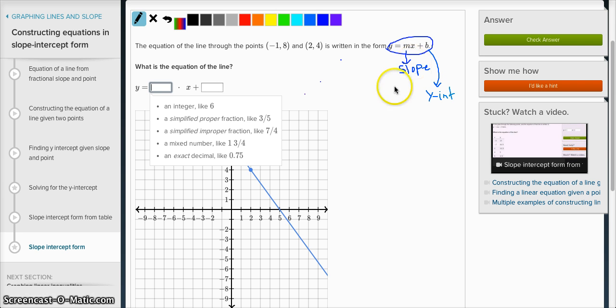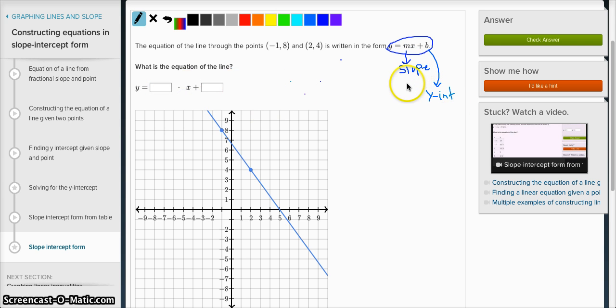Okay, so basically what you're trying to find is, first let's try to find the slope. So the slope basically means how much does y change compared to how much x changes over time. Since this is a constant line, if you choose any 2 points, like let's take this one and this one, then the amount y changes compared to the amount x changes will be the same as any other 2 points.